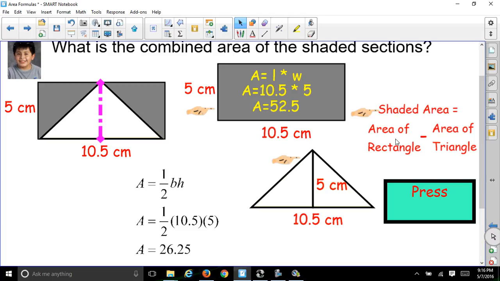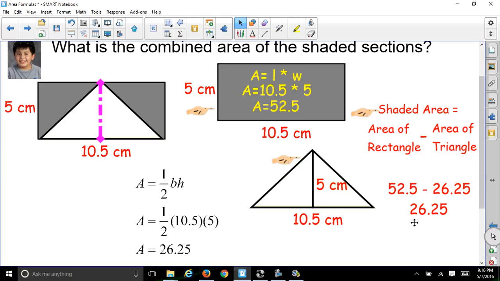So my shaded area, I would take the area of the rectangle, which was 52.5, and take away the area of the triangle, which was 26.25. And when I take it away, I'm left with 26.25, which would be the area of these two regions that are shaded. And that's a good problem when you have to find the area of a shaded region. So find the area of the bigger figure and take away the smaller figure from it. And that'll give you the remaining figure.